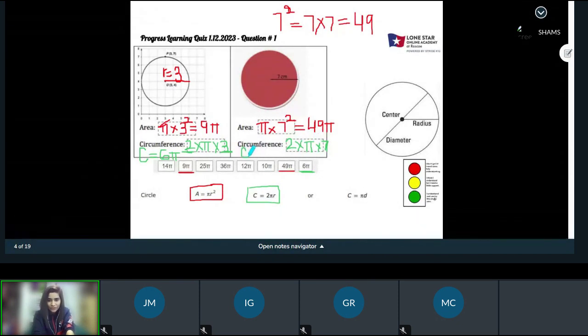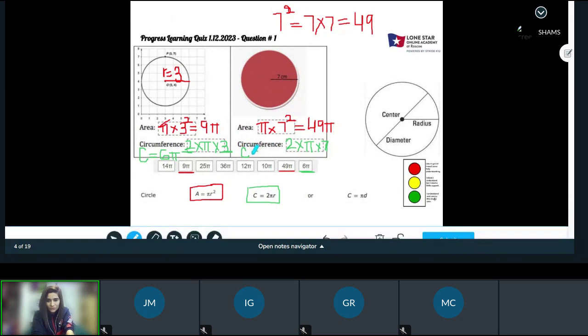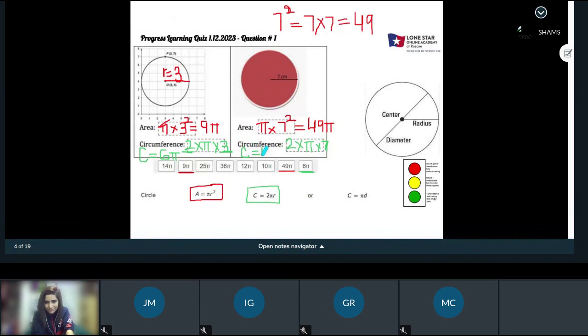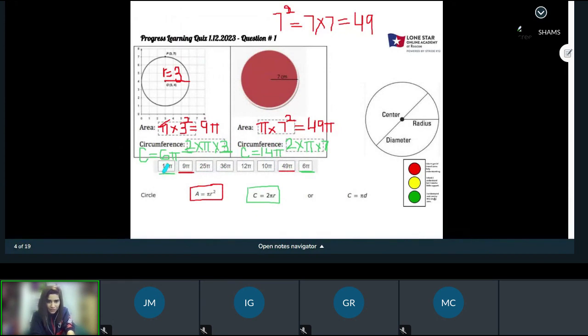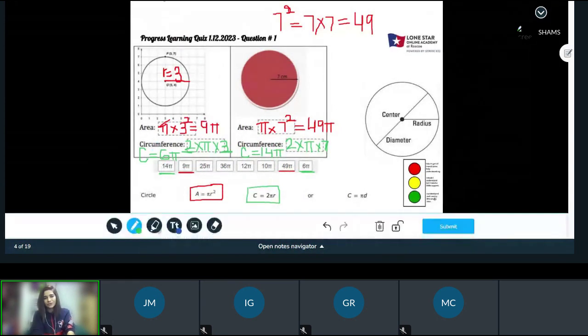Therefore, I will say circumference equals 14 pi. This is the circumference. Sometimes you want to answer in terms of pi. If this is the case, this is how you handle it. And 14 pi is the very first answer choice. So we did see that our answers match.